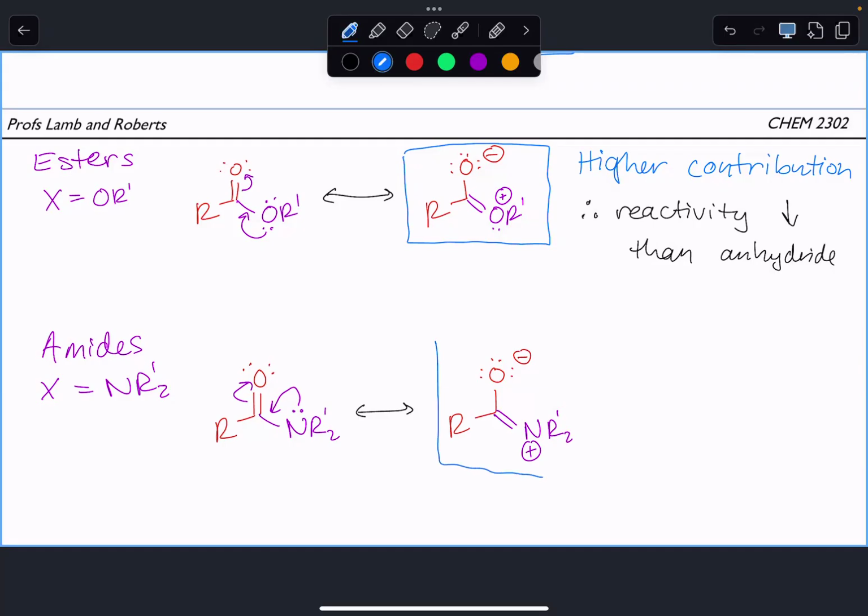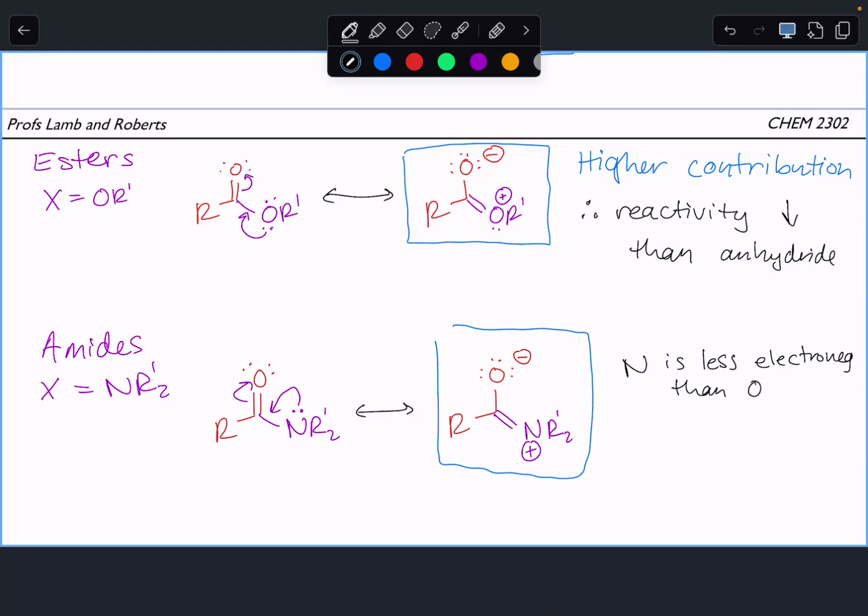This is the one that we care about. Okay, so to compare this one to an ester, we're going to think about how nitrogen is less electronegative than oxygen, right?